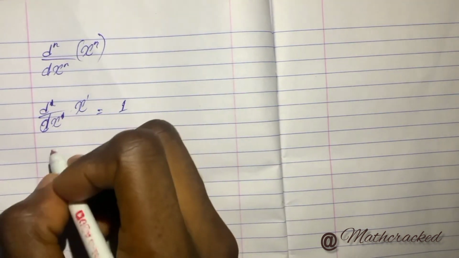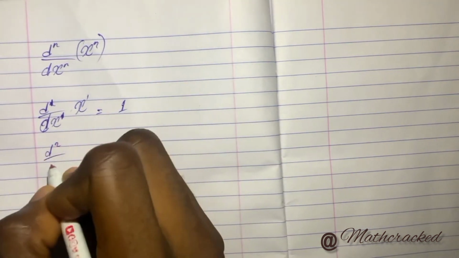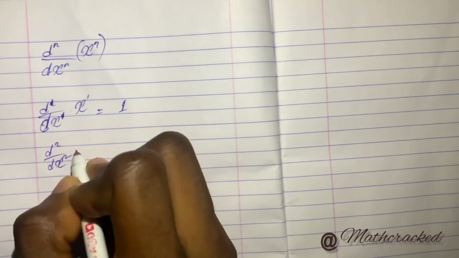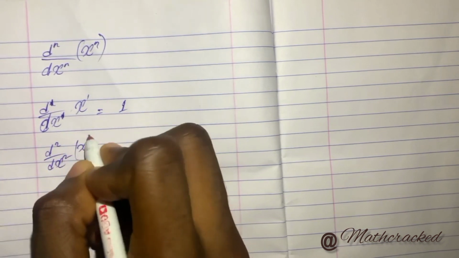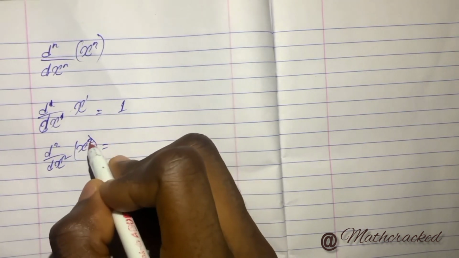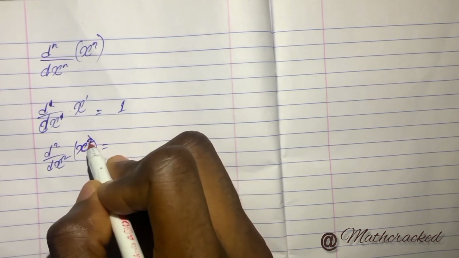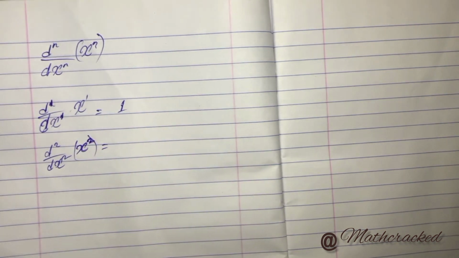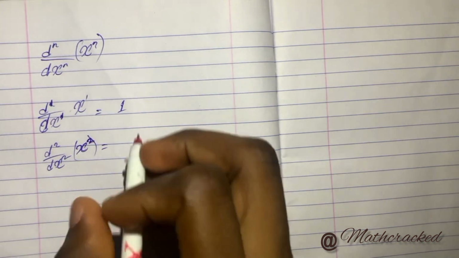If n is 2, that is to say differentiating x squared twice, differentiating x squared for the first time, we have 2 times x. Differentiating for the second time, we have 2.